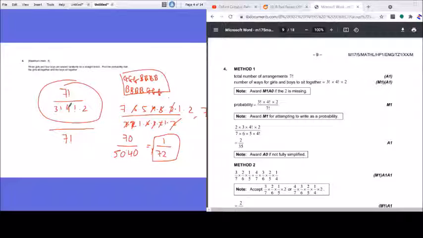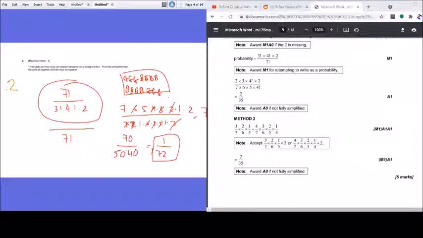So basically I just did this part wrong. What I get is 2 out of 5, I think. 3 out of 5, yeah, 2 out of 5 is what I get. So 2 points for this.